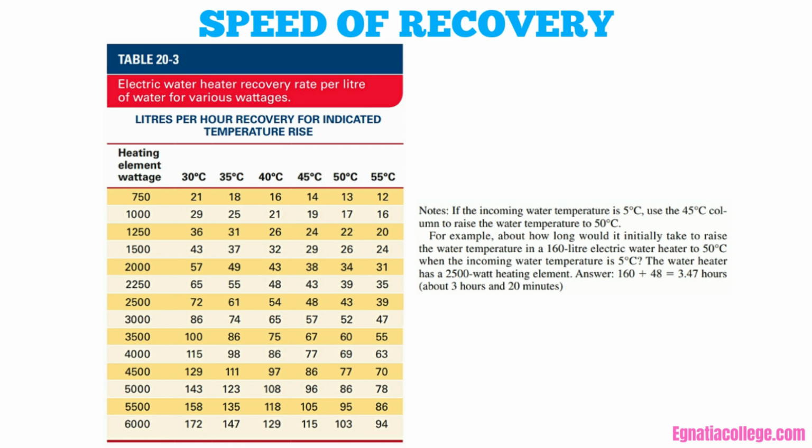A 5,500 watt element can raise water temperature 90 degrees Fahrenheit, 50 degrees Celsius, of about 25 gallons, about 95 liters, an hour. Speed of recovery is affected by the type and amount of insulation surrounding the tank, the supply voltage, and the temperature of the incoming cold water. The eventual temperature should be 57.22 degrees Celsius for health reasons.